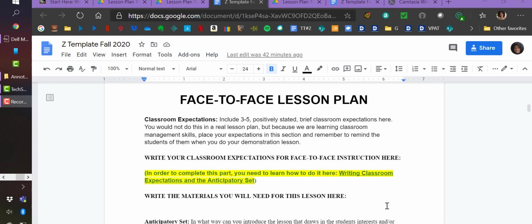At the top, it says face-to-face lesson plan, a reminder that we are writing 2 lesson plans simultaneously. And this is one of those things where COVID has really hit our world very, very hard.